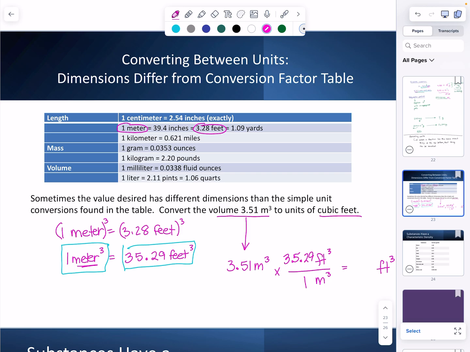So 35.29 times 3.51 gives us 123.86. And again, our units that are the same on the top and the bottom cancel, and it leaves us with what we want.